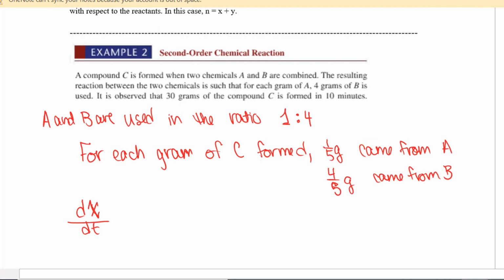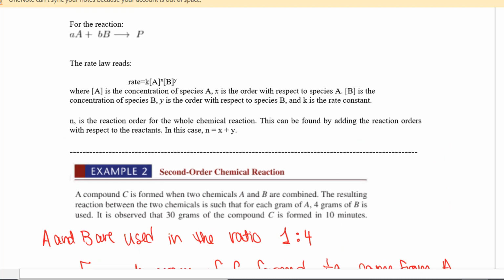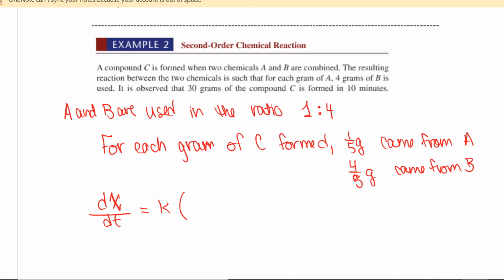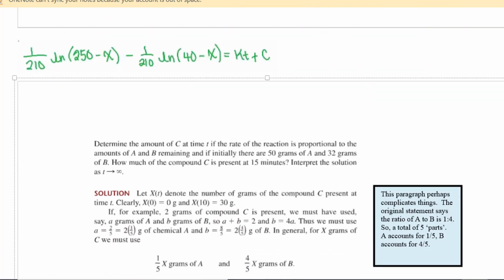So what they say in our book is that the rate of reaction is proportional to the amounts of A and B remaining. So proportional to means constant multiple of, and then it would be the total amount of A, which I didn't say right in this first paragraph, it's actually on the next page.